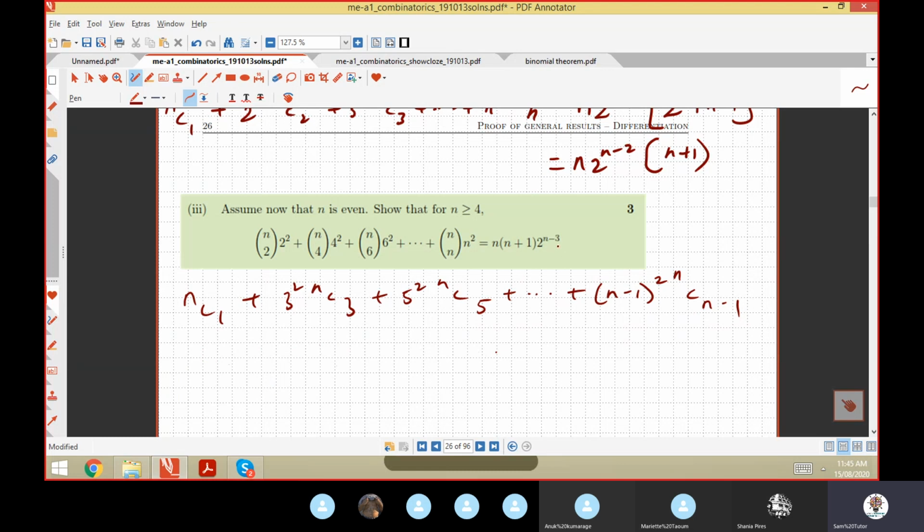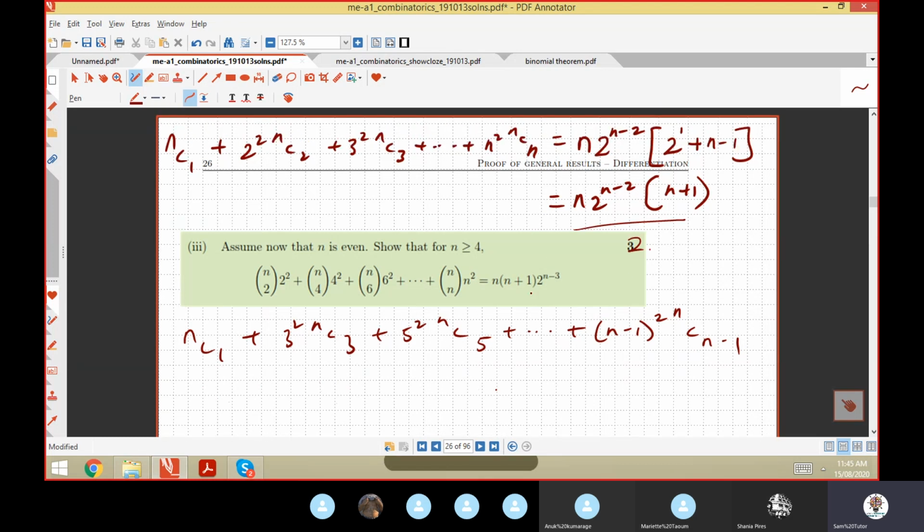This is divided by 2. Even. Even plus odd equals 2 even. Divide by 2. Even plus odd equals 2 times the even.